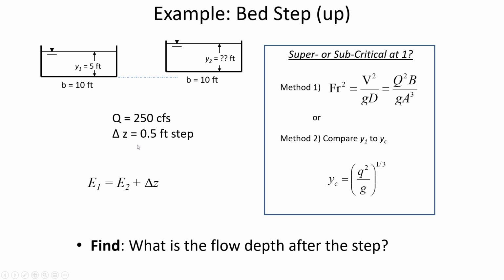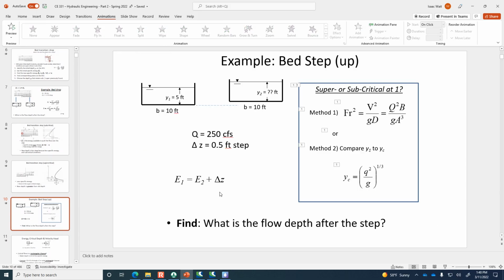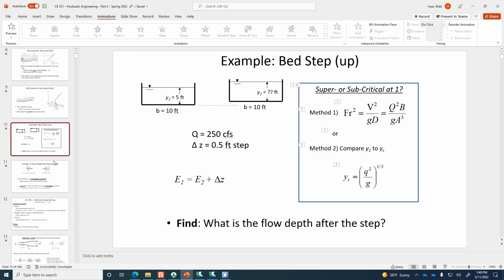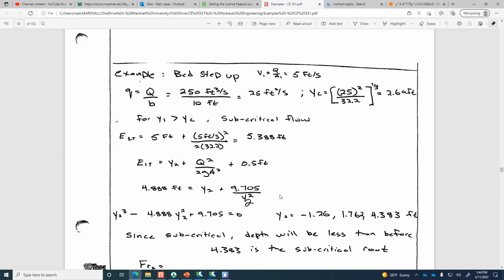Okay, let me pause for a second and allow you to run the numbers on this. E1 is going to be the 5 feet plus, what I did was I calculated the velocity at 1, so v squared divided by 2g, so it's 5 feet per second squared divided by 2 times 32.2.